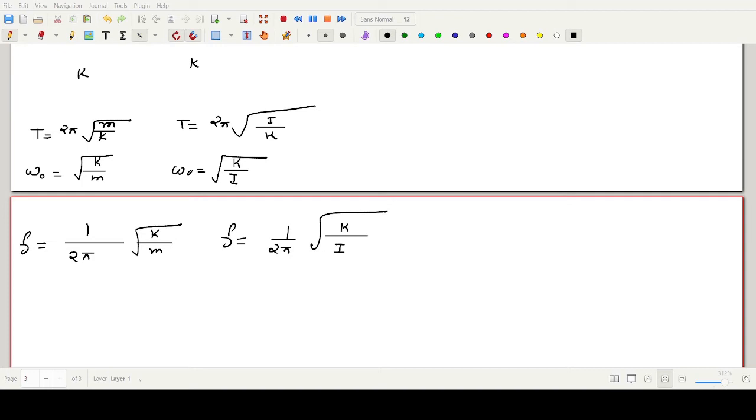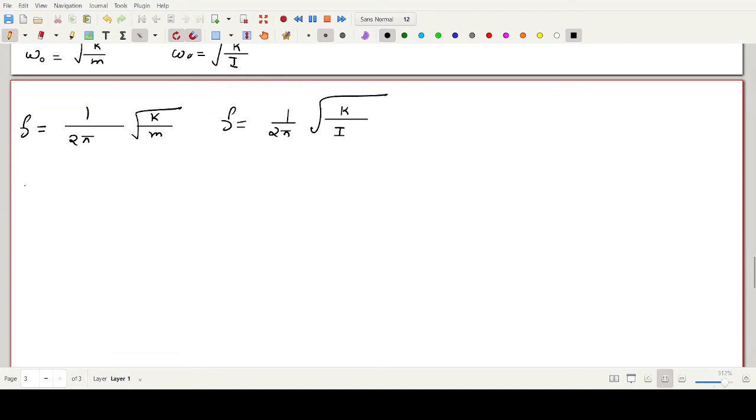So our next topic, simple pendulum. So what is simple pendulum?